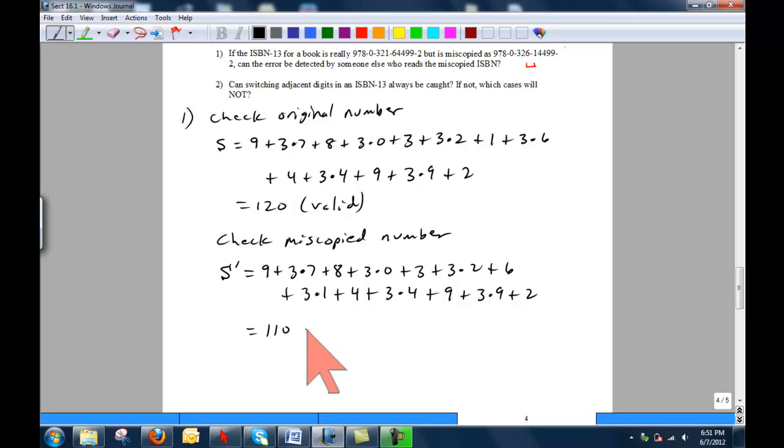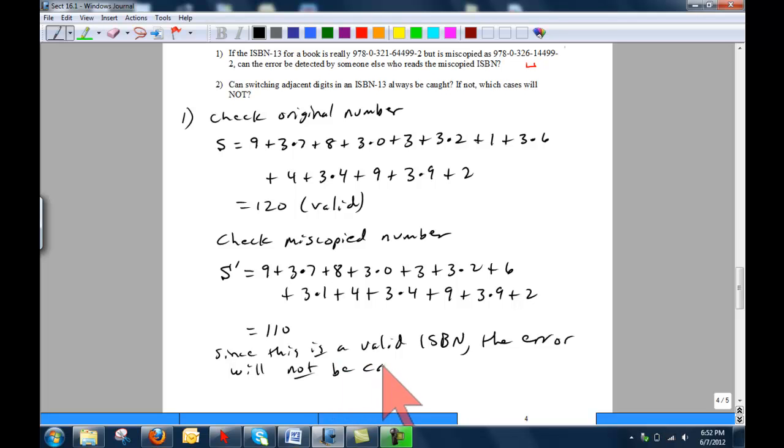And so, since this is a valid ISBN, the error will not be caught. This is unfortunate.